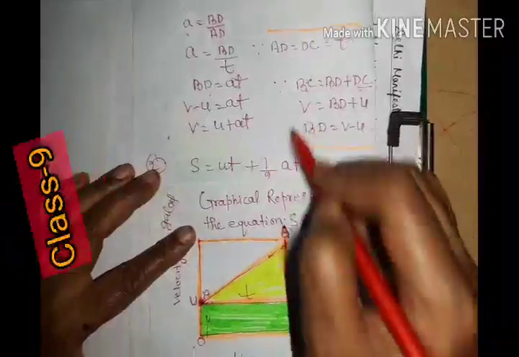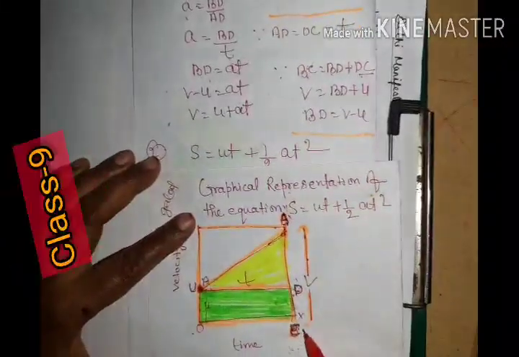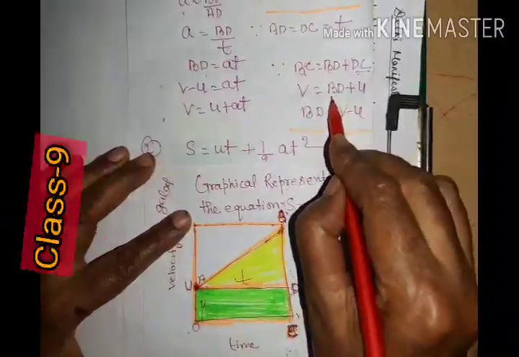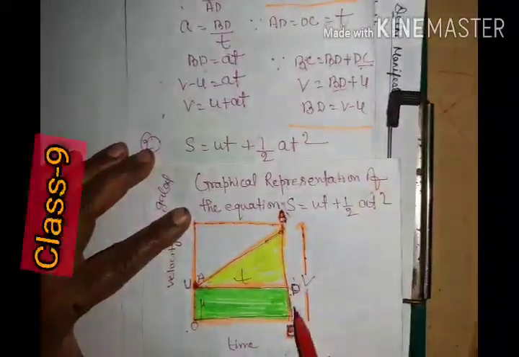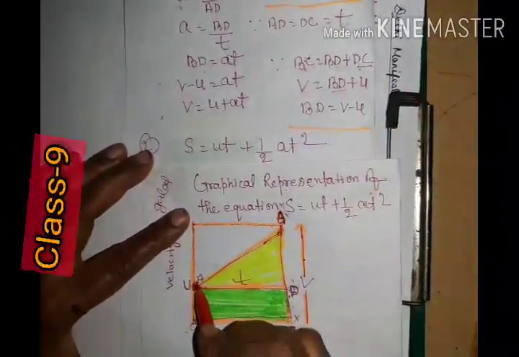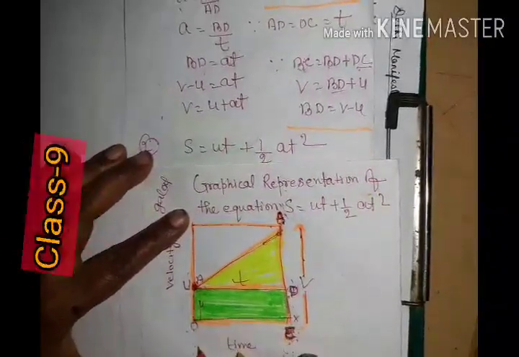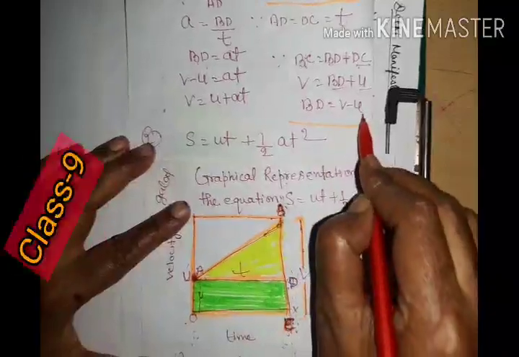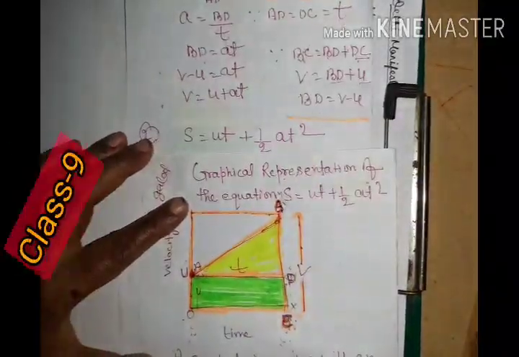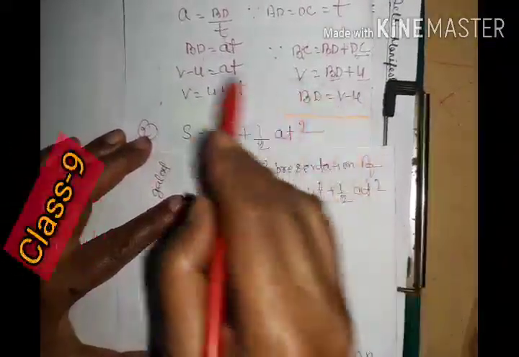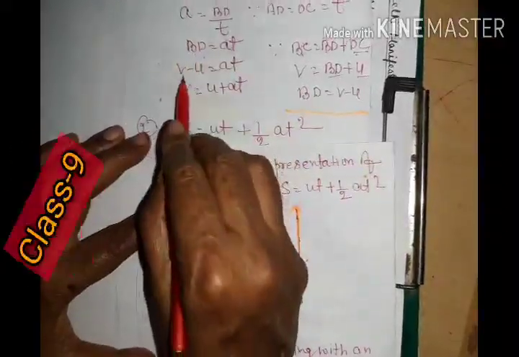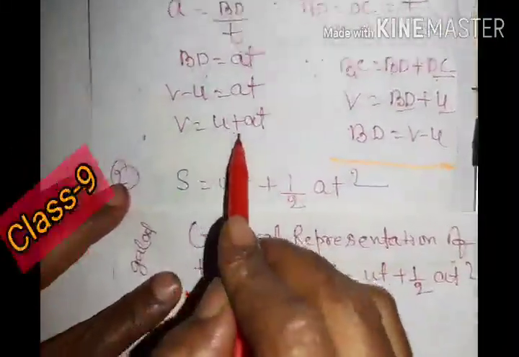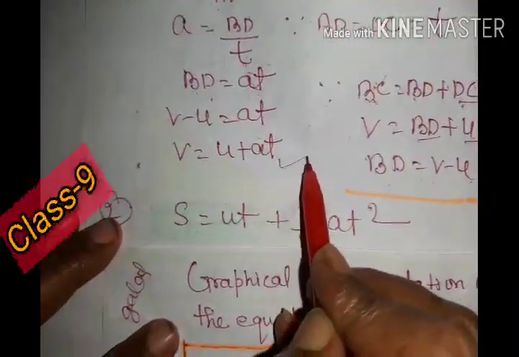BC is equal to BD plus DC, that is u, because DC is parallel to OA, or OU. So BD is equal to v minus u. Put the value of BD: v minus u is equal to at. So v is equal to u plus at. Now proved.